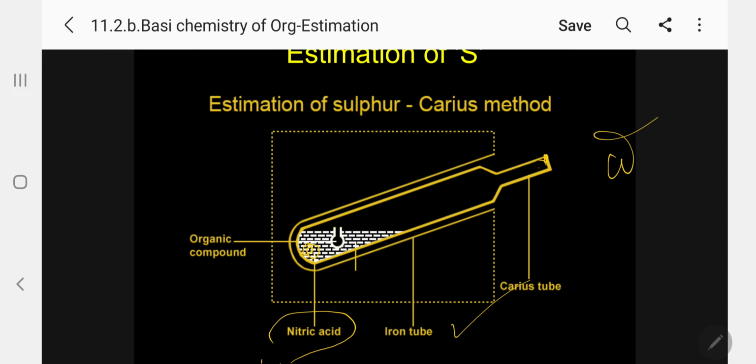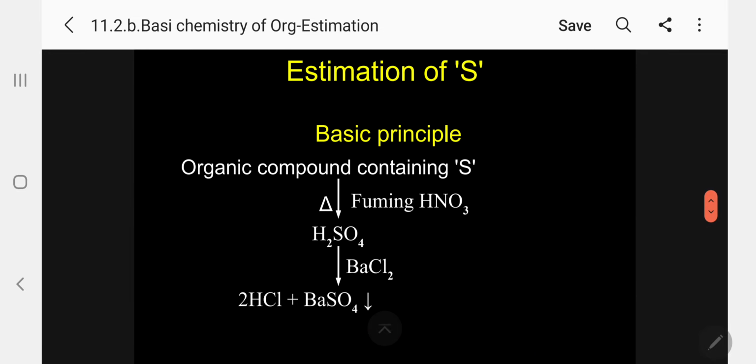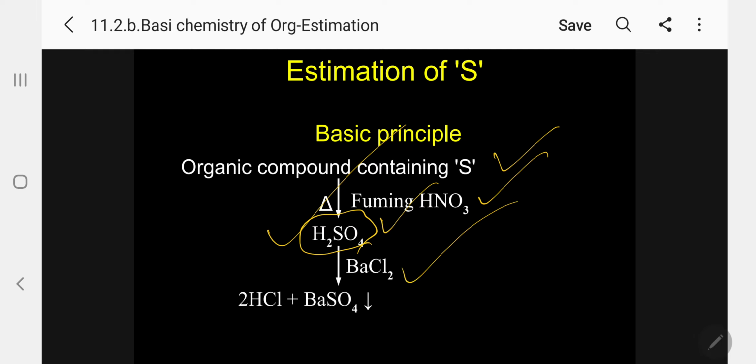Kindly follow. Just see here. I will explain the basic principle. So when we heat an organic compound containing sulfur with nitric acid, it is converted into sulfuric acid. After cooling, I will remove the Carius tube and then break it carefully, transfer quantitatively into a beaker, and then I will add barium chloride solution.